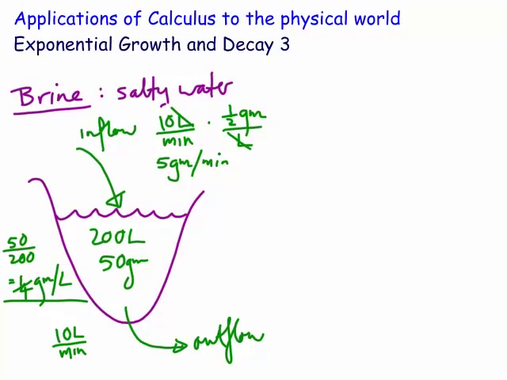Now, a couple of things. We need to set up an equation with this, and we're going to look at our outflow rate, which you can see is 10 litres a minute, and how many grams will be coming out. Well, we don't know, there's 200 litres, and we just assume after some particular time the concentration is Q grams per litre.